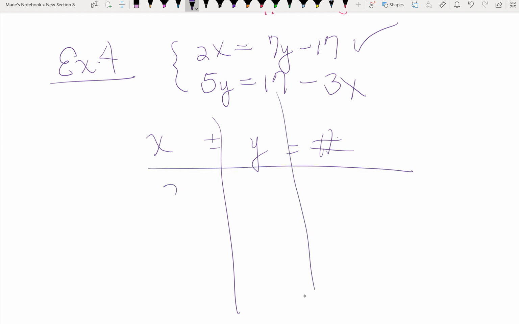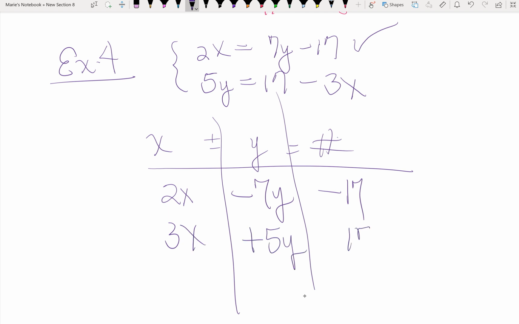So the 2x is already on the right side. What about the y? So subtract 7y. Subtract the 7y and leave this guy alone, right? What would you need to do to the bottom one? Add 3x. Add the 3x. Leave the 5, which is positive 5y, and leave the 17.